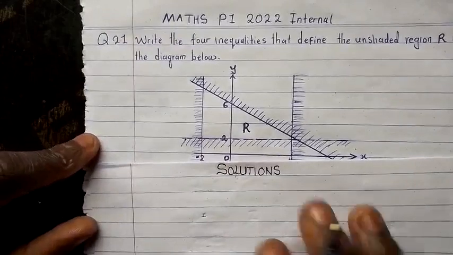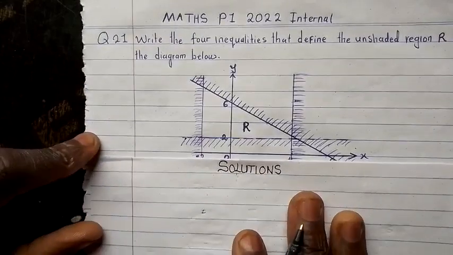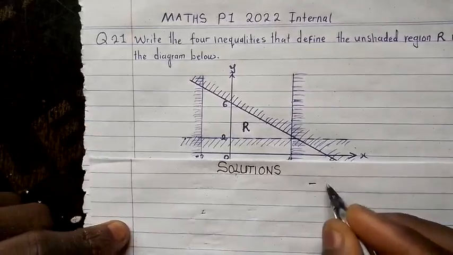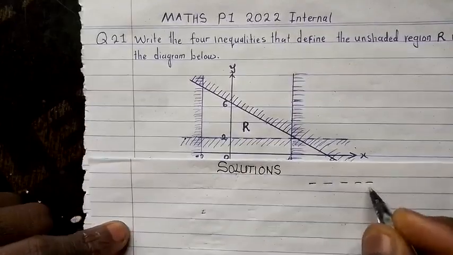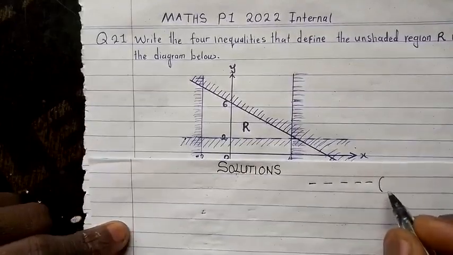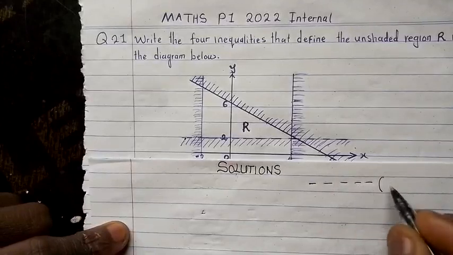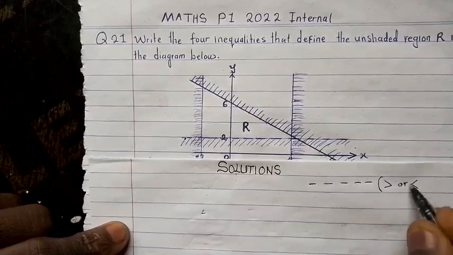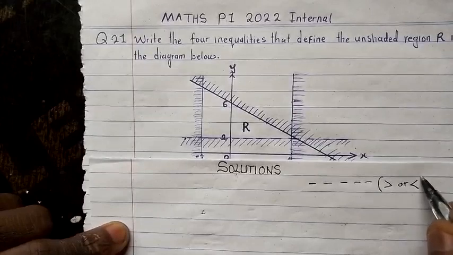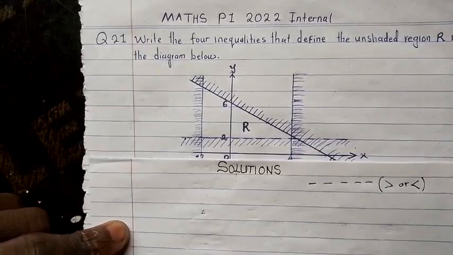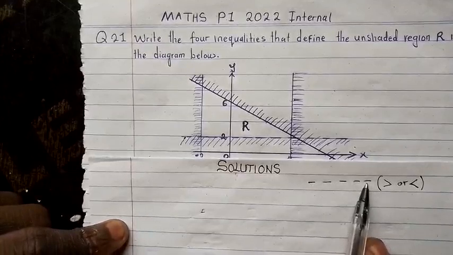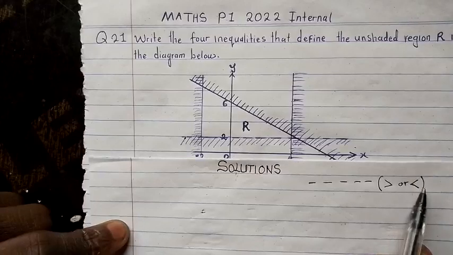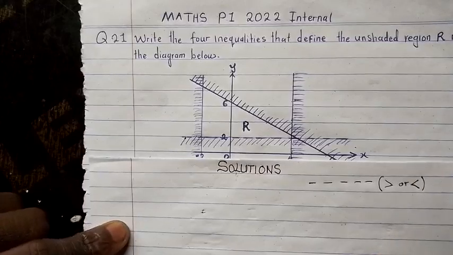The first thing: whenever you see a dotted line, you are supposed to use greater than, or less than, depending on the side which is not shaded.